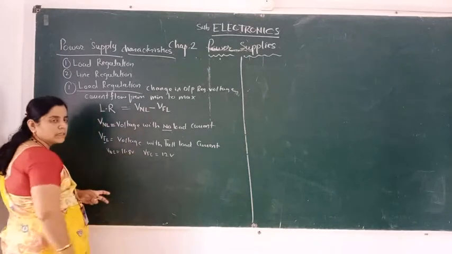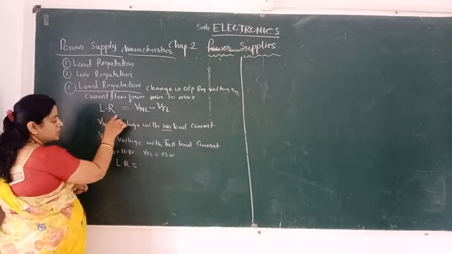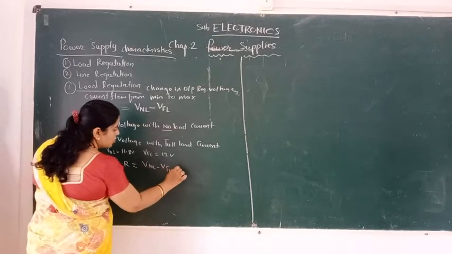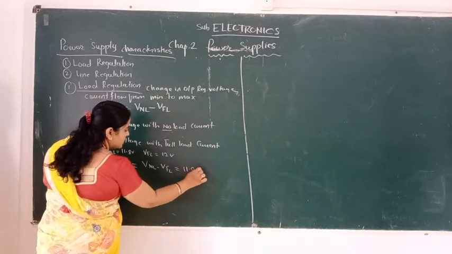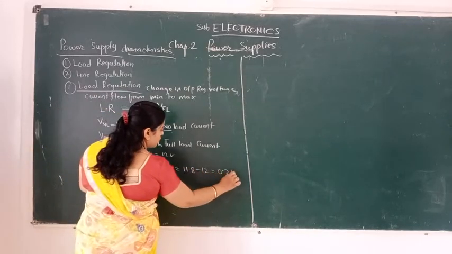Then how will we find the load regulation? It is VNL minus VFL. So how much is it? 11.8 minus 12 volt, that is 0.2 volt.